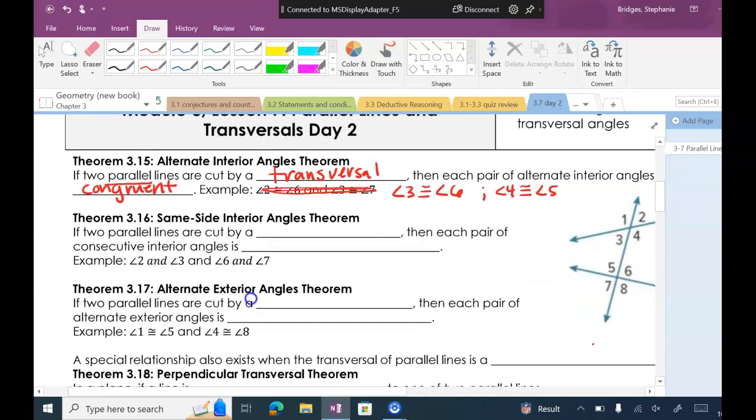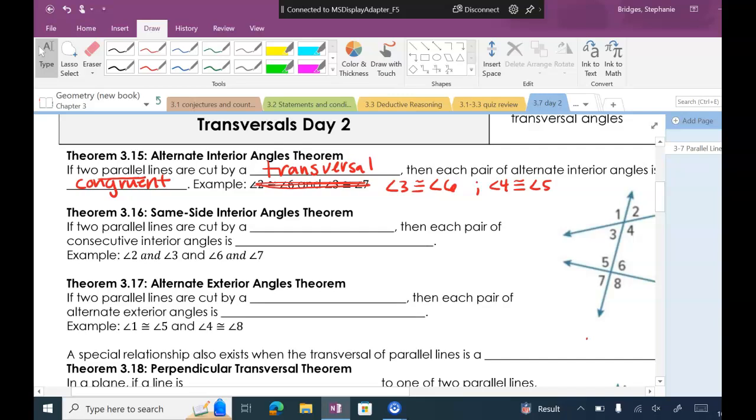Now the next section, we have a little bit of rewriting to do. But this one starts the same. This is the same side interior angles theorem. And this says, if two parallel lines are cut by a transversal again, then each pair of, scratch out the word consecutive. That's what the book calls these. I call them same side.